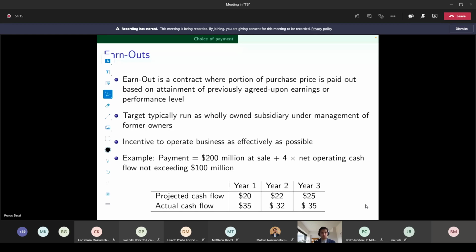The second way a company like Microsoft can protect itself is through something called an earnout. So let us go once again to Microsoft taking over a company like Wunderlist.